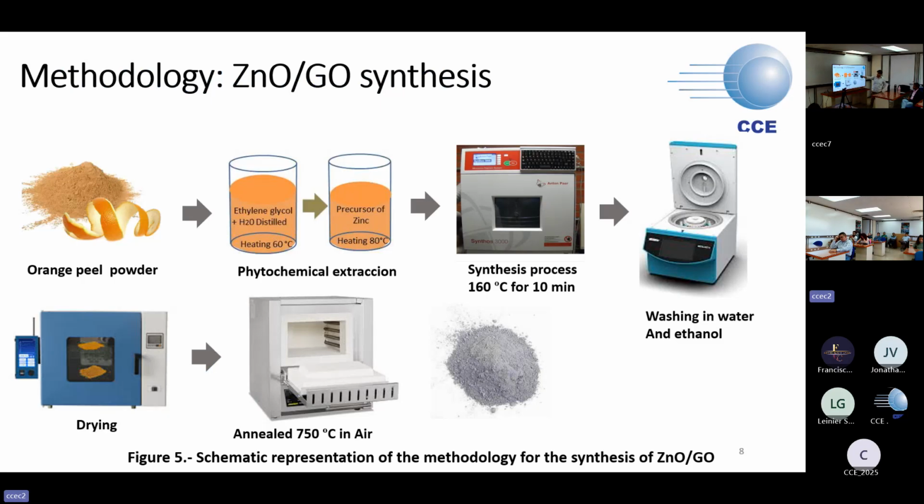Once we have the orange peel, we dry it in a conventional oven and put it in the sun. Then we blend it to obtain the powder. Finally, we take part of the powder and heat it in the presence of ethylene glycol and water, extracting the phytochemical compounds by heating.